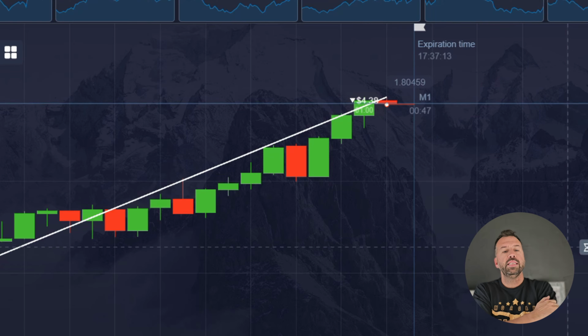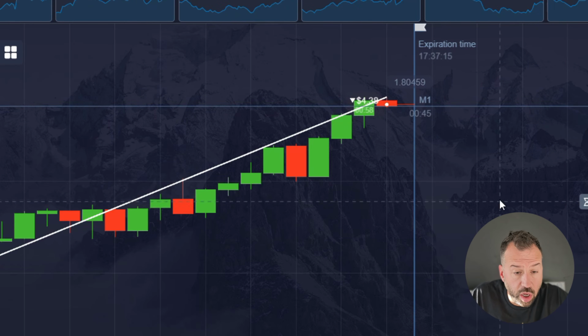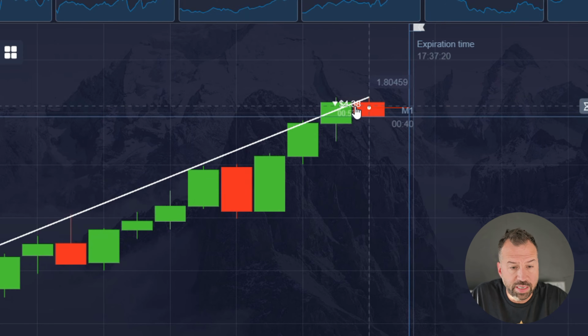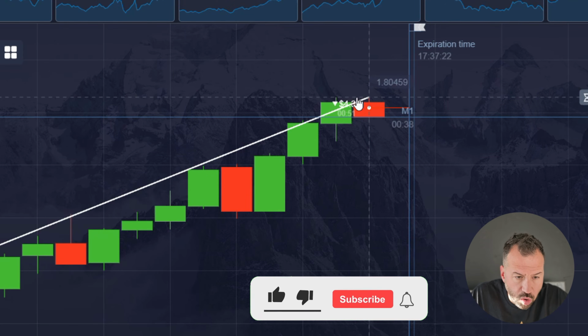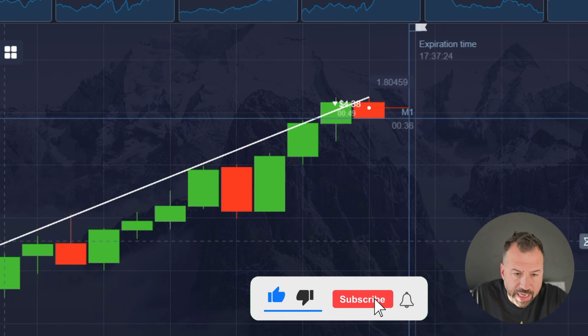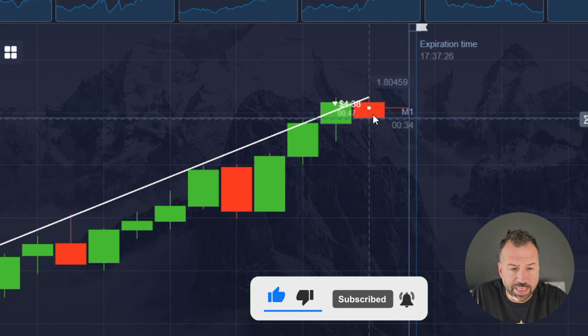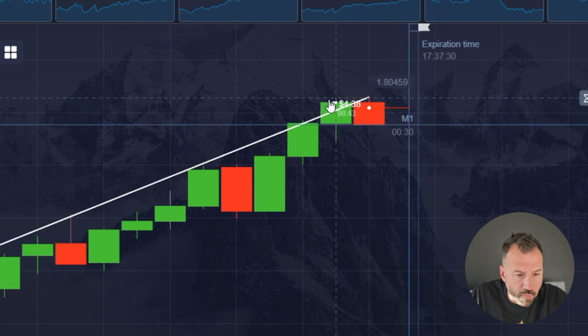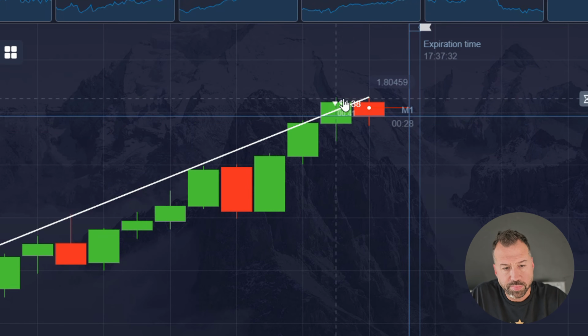So let's see. This had a lot of green with a little bit of red and a lot of push of green. And this candle was over top of all of these, and that's really what we want to make sure. We want to make sure that this zigzag line is over top of all of these candles.